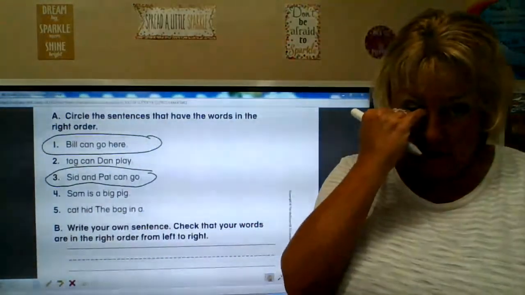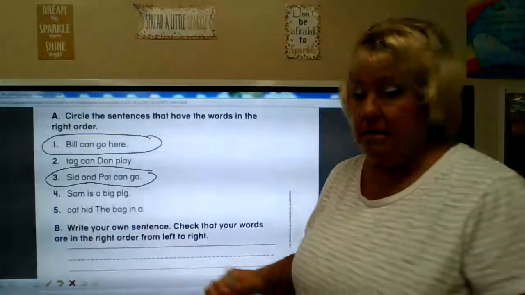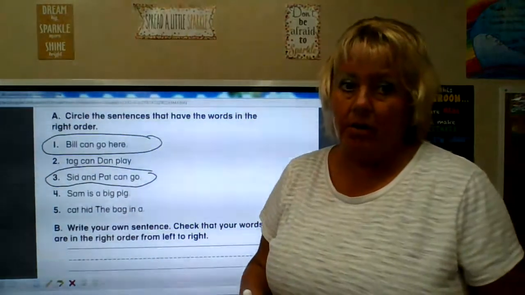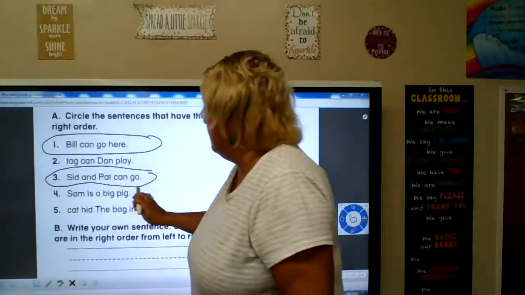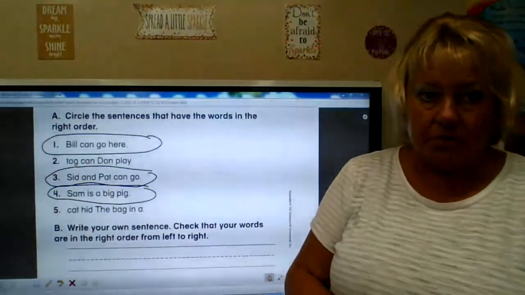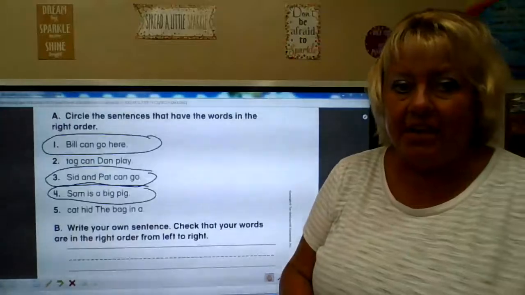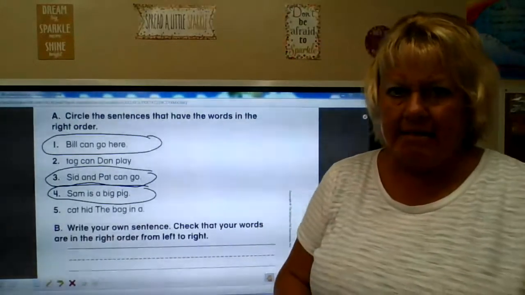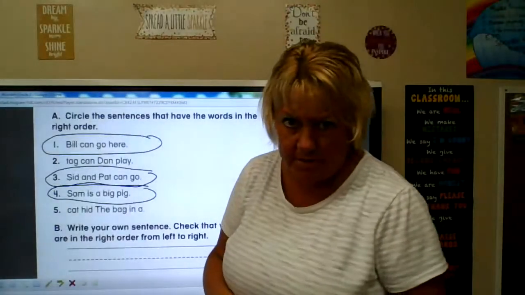Number 4. Sam is a big pig. Capital, period. It's in the right order. It makes sense. So I hope you circled that one. Number 5. Cat hid the bag in A. What do you think, boys and girls?